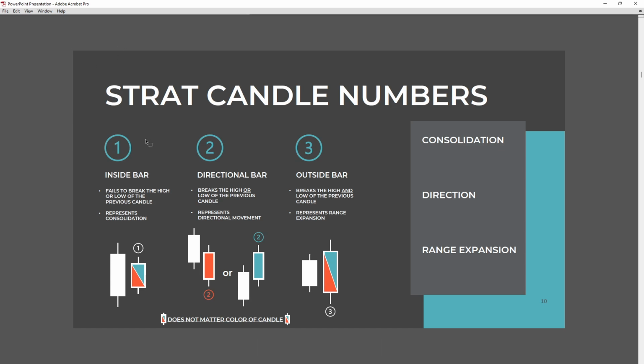So this is your one. You can see the previous candle that I was talking about. Your one is inside the previous candle, which engulfs the one. So this candle is a compression candle, a consolidation candle.